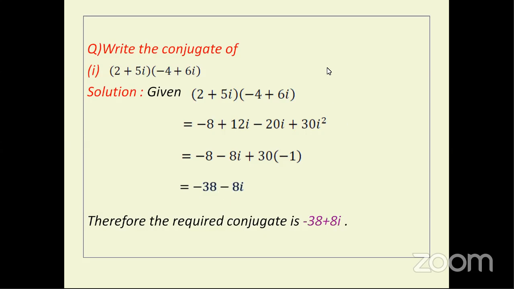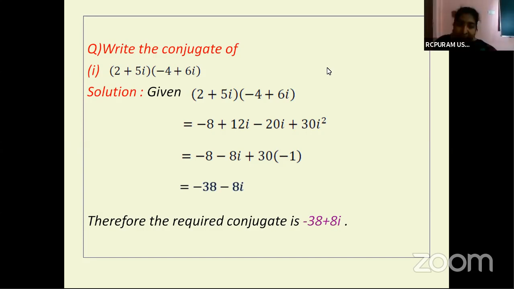If it is a + ib, you get a − ib. If you are given a − ib, then it should be a + ib as a conjugate. So the conjugate of −38 − 8i is −38 + 8i.